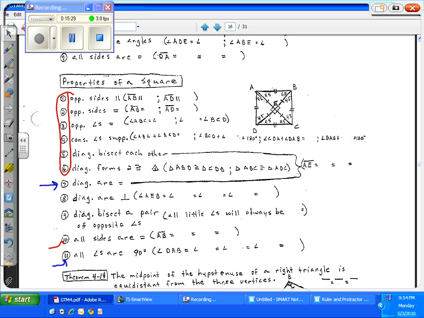The fact that all sides are equal makes it a rhombus, and we get these two additional properties because they're the properties of a rhombus in that the diagonals are perpendicular and each diagonal bisects a pair of opposite angles. So all squares have 11 properties. Okay? And you can study all of the fine print where we filled all that in to show all the little bitty pieces that are equal.